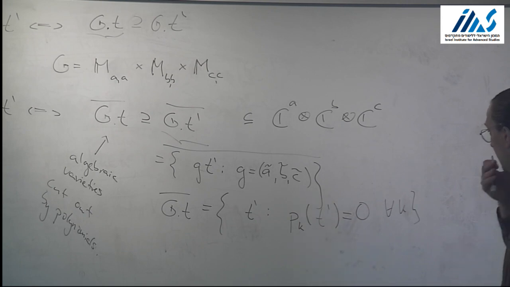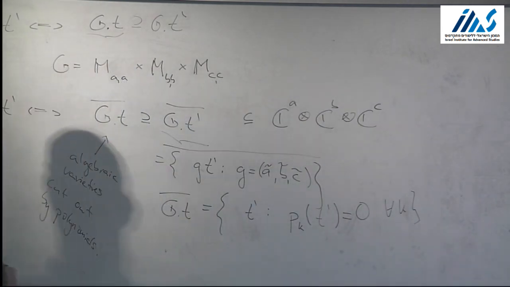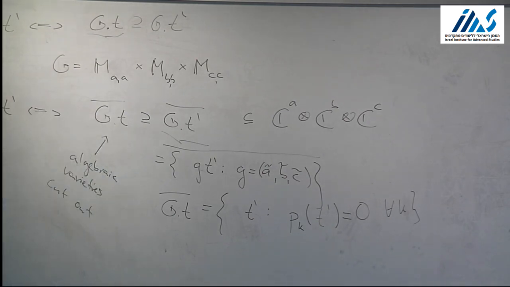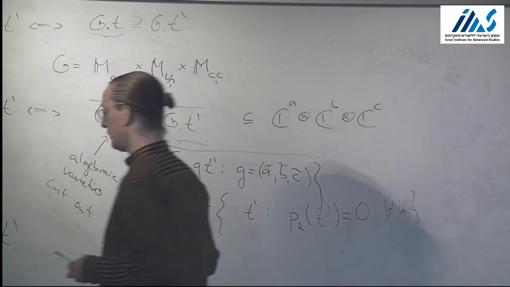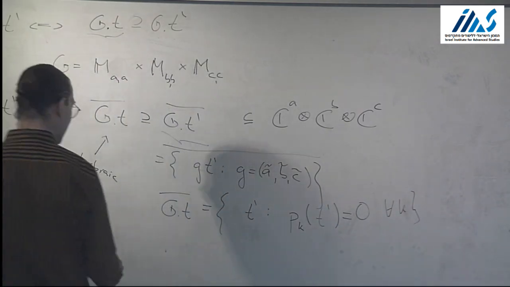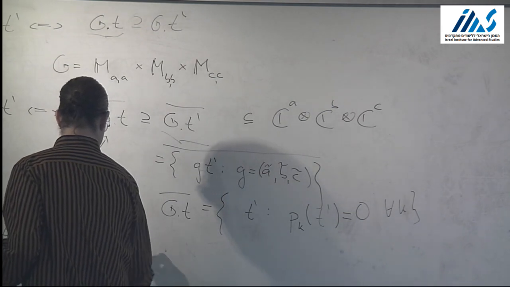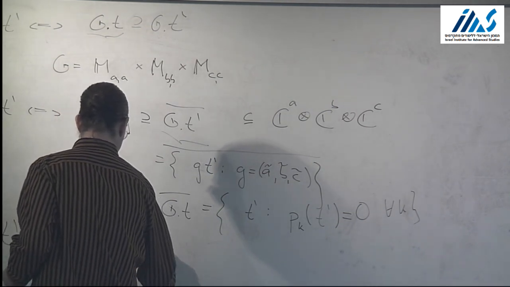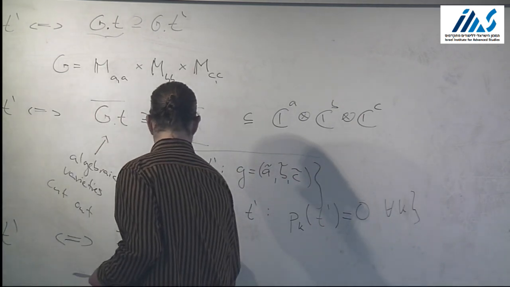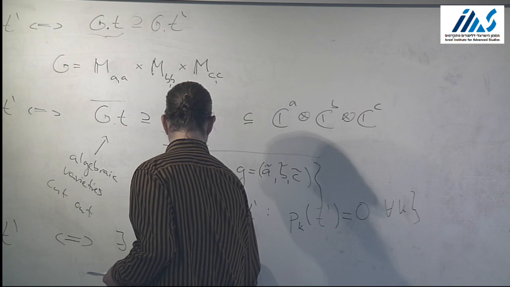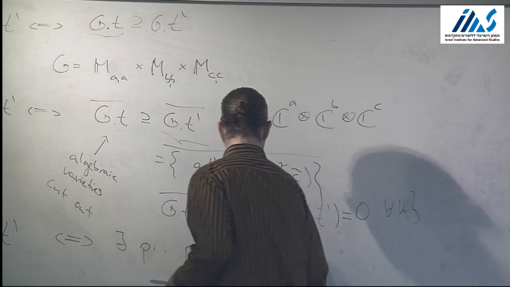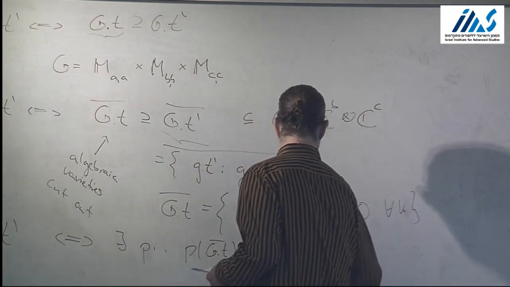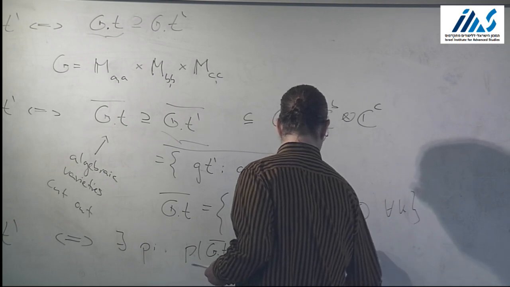Because if for some reason you want to certify that T prime does not degenerate from T, this is equivalent to the existence of some polynomial P that vanishes on the entire orbit or orbit closure, but that does not vanish on your T prime.